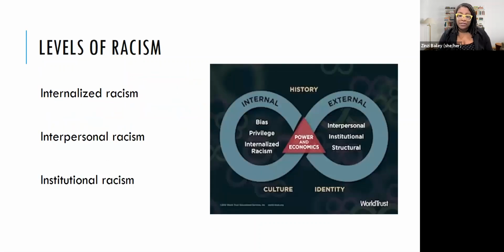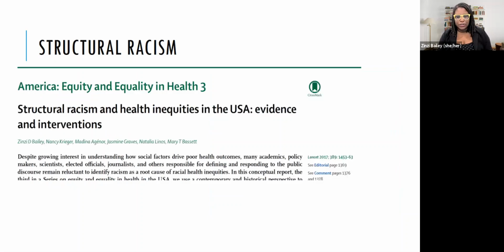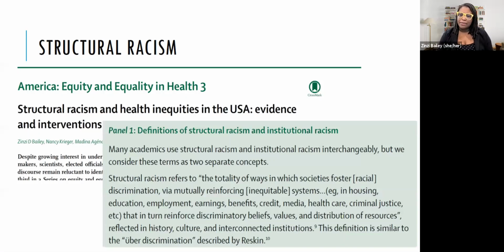There are multiple levels of racism that have been conceptualized, including internalized, interpersonal, and institutional racism. However, I'm particularly concerned and focused on structural racism. Structural racism can be defined as the totality of ways in which societies foster racial and ethnic discrimination through mutually reinforcing inequitable systems that in turn reinforce discriminatory beliefs, values, and distribution of resources reflected in history, culture, and interconnected institutions.